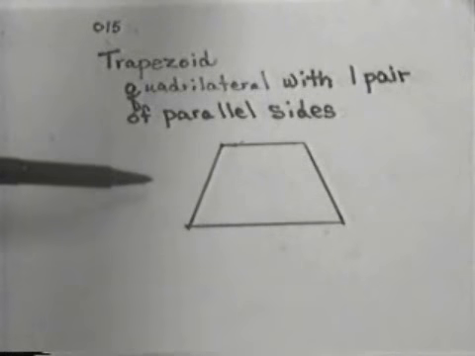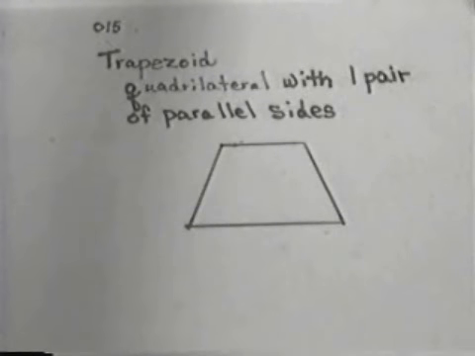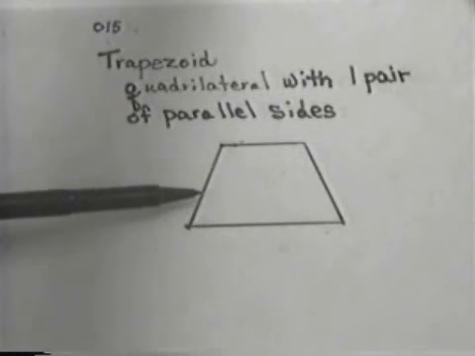A trapezoid is not a figure that you see as much as some of your other figures. Some places I can think of maybe seeing trapezoids, you might remember some desks that you would sit in, like in a classroom in school. Sometimes the desktops are the shape of a trapezoid.